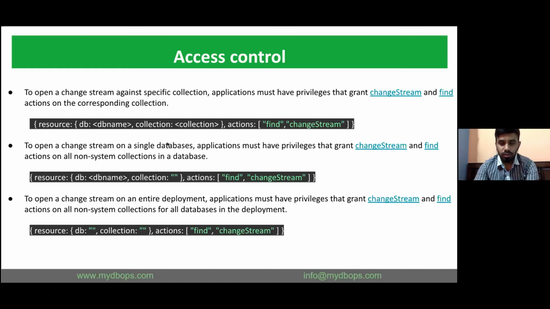To enable change stream on a database level, that user should have read access to the entire collection in that database. And for deployment-level privileges, you should have read access to all the databases. Similarly, here we can see the command to provide privileges to that user for a collection, a database, and the entire deployment.